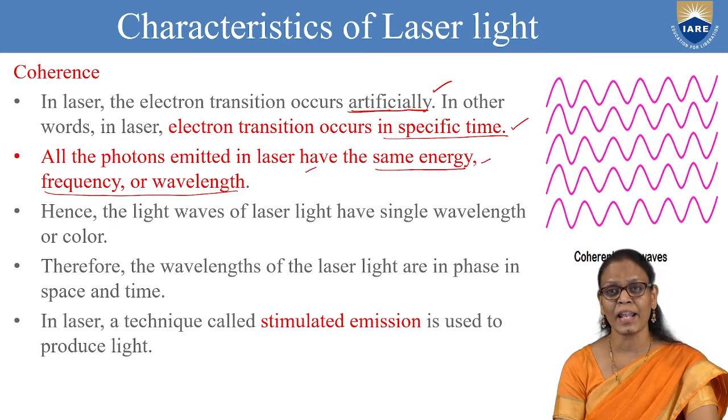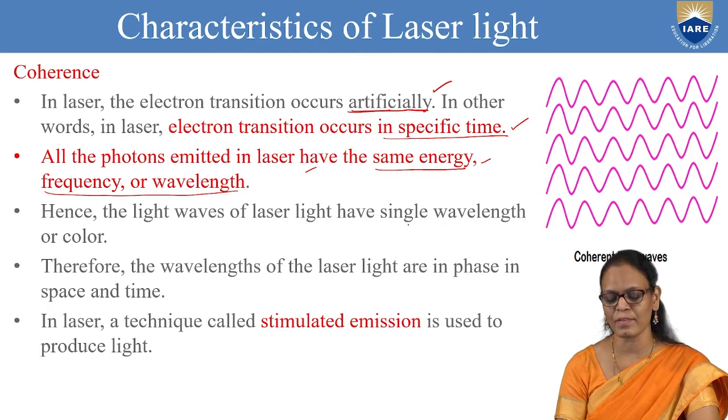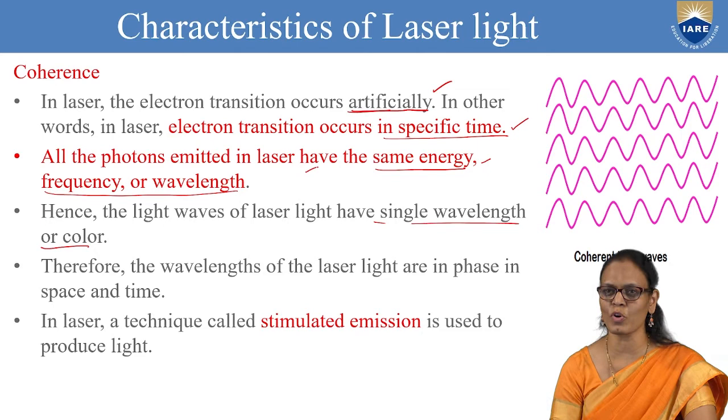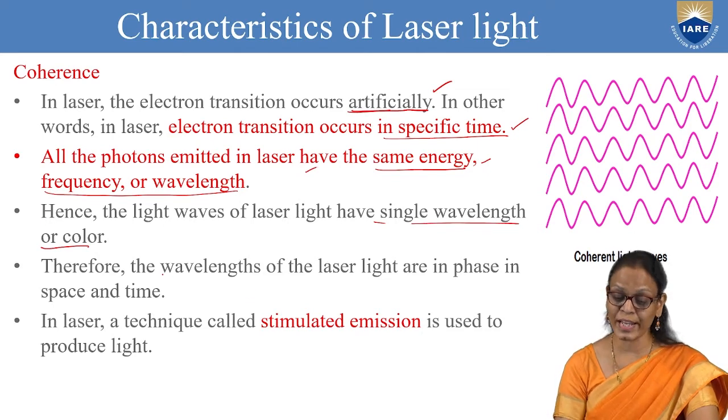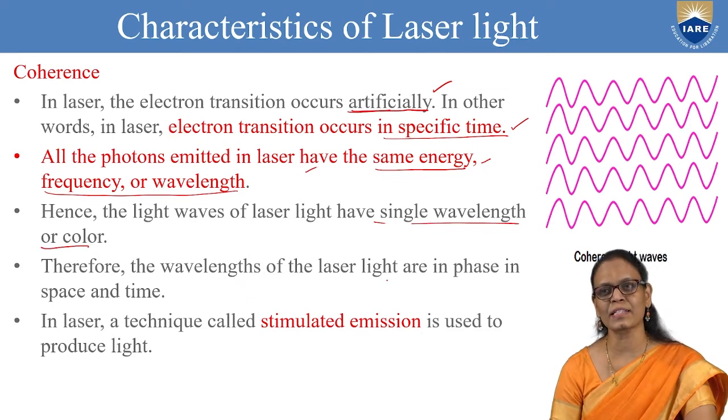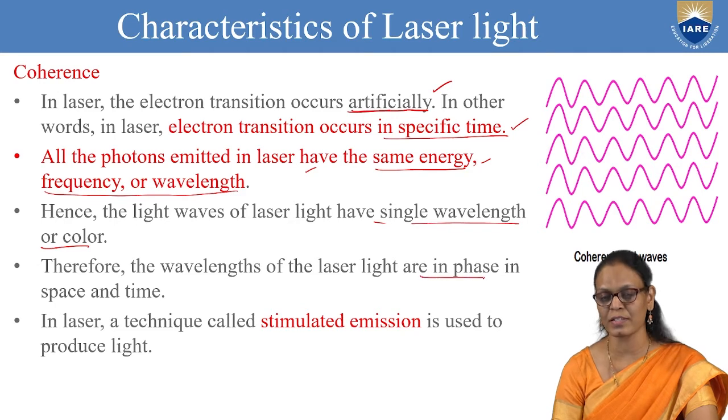Now, the light waves of the laser light have a single wavelength or color. This we have seen in monochromaticity. Now, these waves of laser light are in phase, in space and time. In phase means in the same state of vibration, in space and also at a given time.